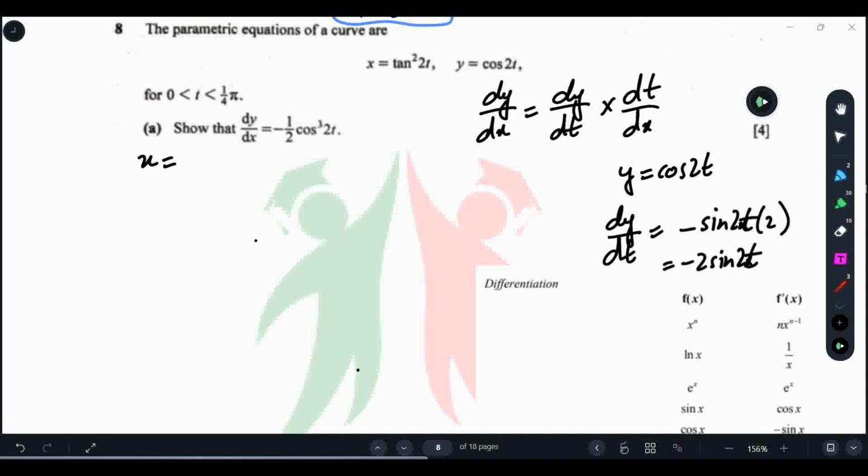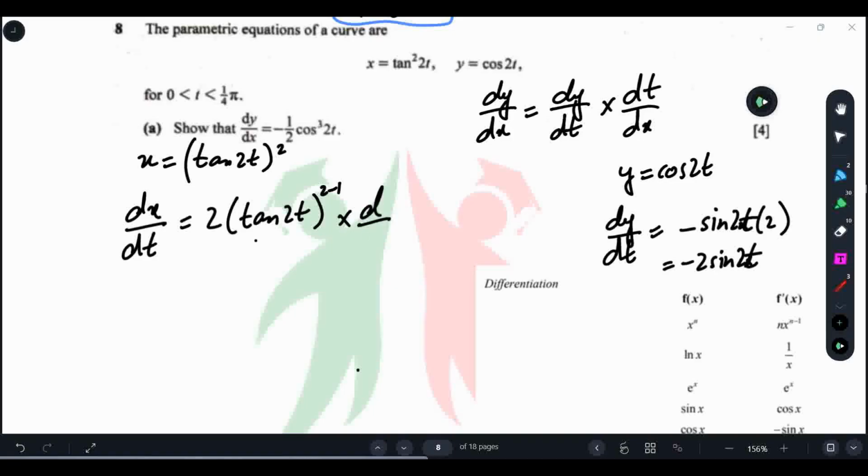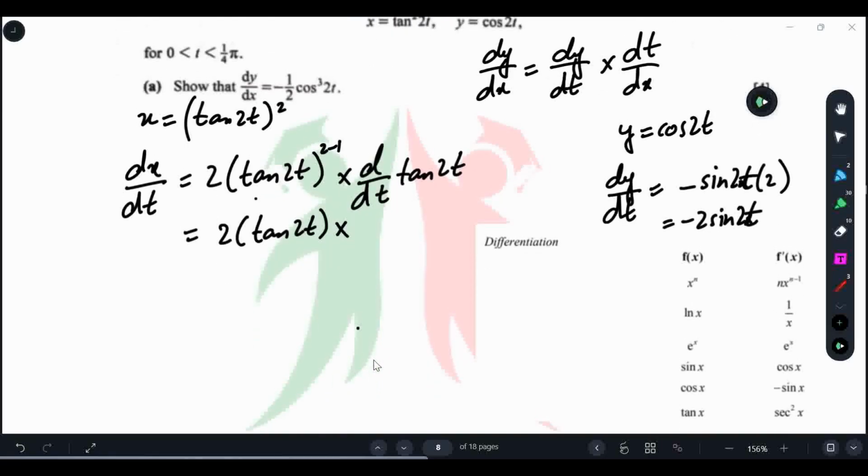As we know, x is equal to tan of 2t whole squared, so we need to use the power rule. dx by dt will be 2 tan of 2t to the power 2 minus 1, times the derivative of the internal function tan of 2t. So this will be 2 tan of 2t multiplied by the derivative of tan of 2t, which is secant squared of 2t, times the internal derivative again, which is 2.